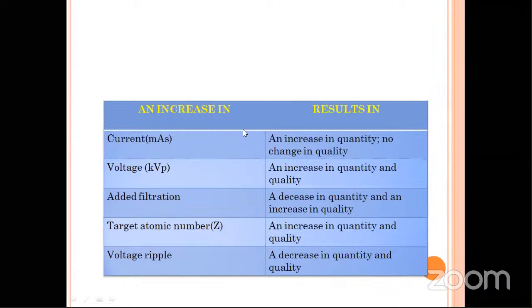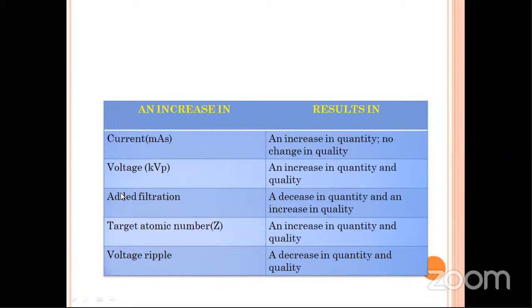So some of the proportionate ratios here, all these factors you need to know, and if you want, you can take a screenshot. So if the tube current is increased, only the quantity is increased. If the tube voltage is increased, both the quantity and quality increase.